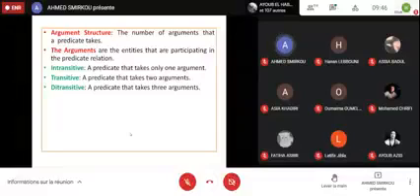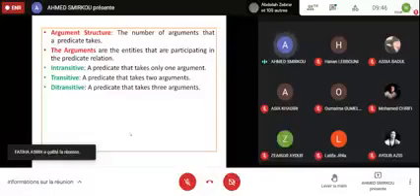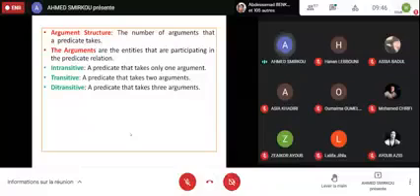So I repeat, intransitive verbs require only one argument, which is the subject. Transitive verbs require 2 arguments, the subject and the direct object. Ditransitive verbs require 3 arguments, the subject and 2 objects, or 2 complements.